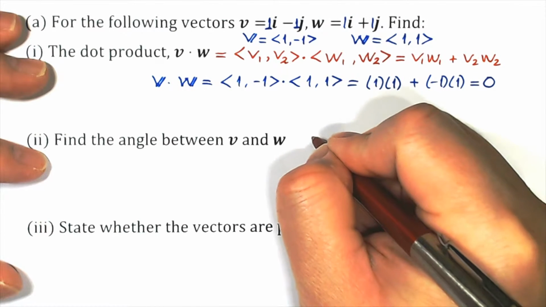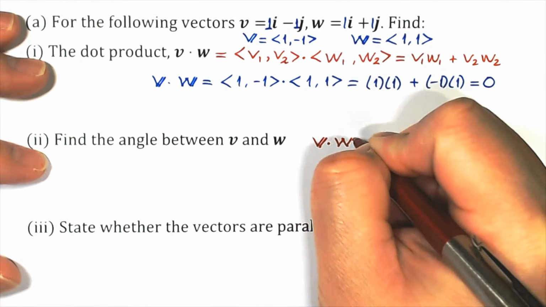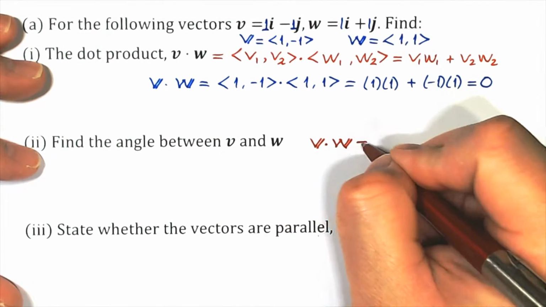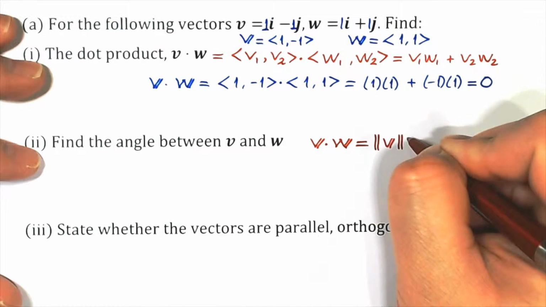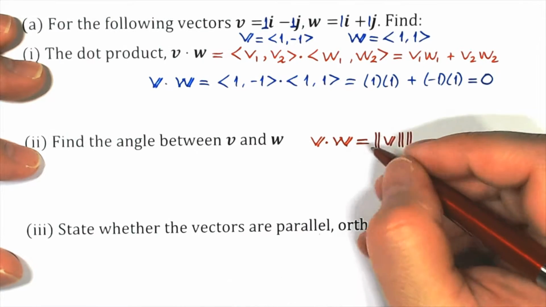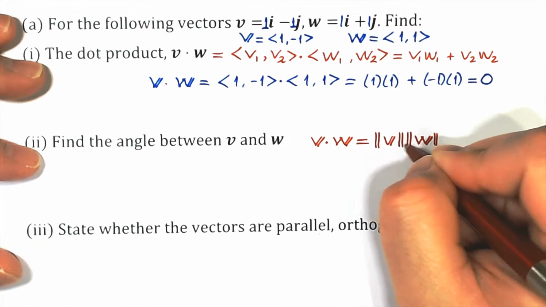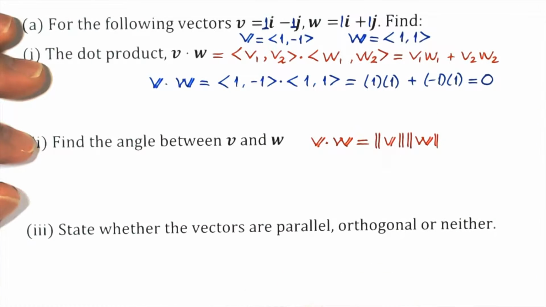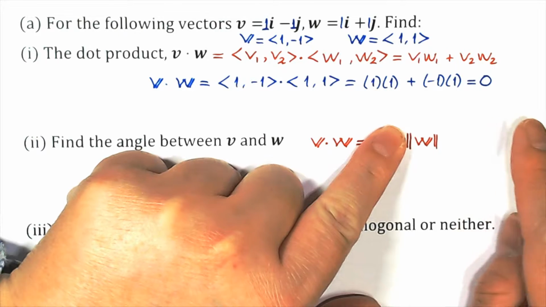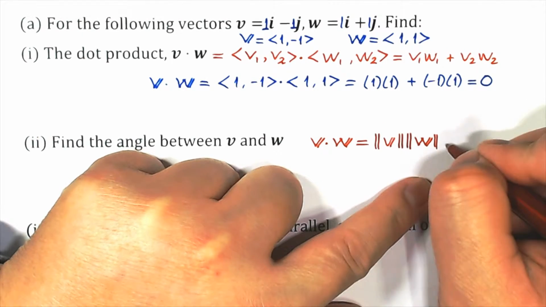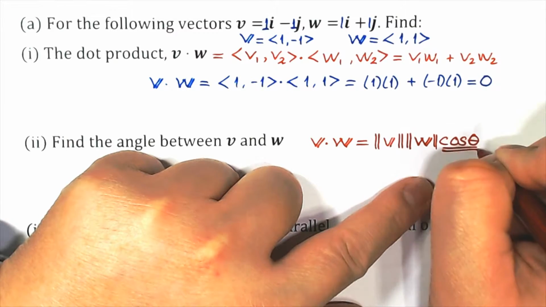So when we find the dot product between two vectors, it is equal to the magnitude of v times the magnitude of w. Notice that in that product there's nothing in the middle. So the magnitude of v times the magnitude of w times the cosine of the angle between them, and this time we look for the angle.